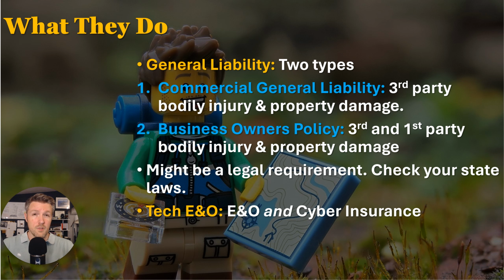All right, the other one, really the big dollar stuff, is going to be tech E&O. Now, what is that? That's E&O insurance and cyber insurance for your business. All right. So as a quick reminder, you should not have an E&O and a separate cyber policy. It doesn't work out that way. So I know a lot of people watching this, you may have a Hiscox E&O policy.